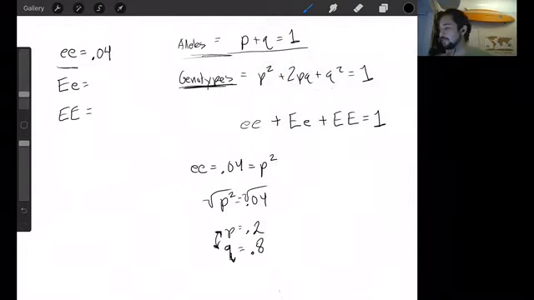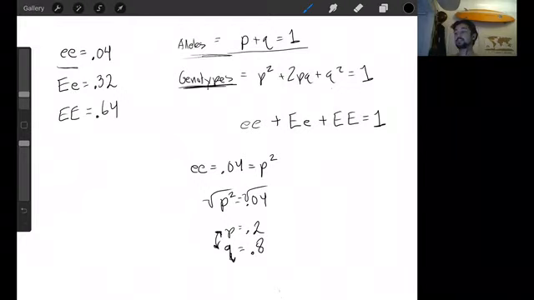What do you get? I get 0.32. Okay, so let's add 0.32. And now do the same thing for the other homozygote, which is q squared, so just 0.8 squared, which is 0.64. So now that you have these values for your genotype frequencies, what do those all add up to?